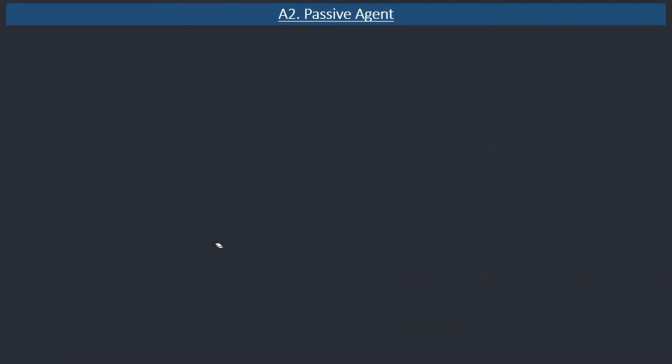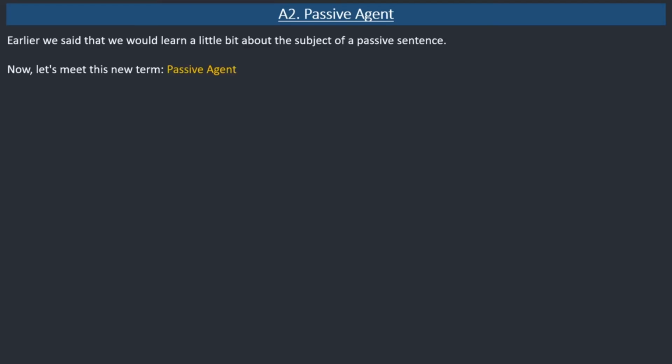Okay, so now, again, there are some details about this passive agent, about how that exactly works, because there are a bunch of suffixes in the conjugation. So let's meet this new term, passive agent.